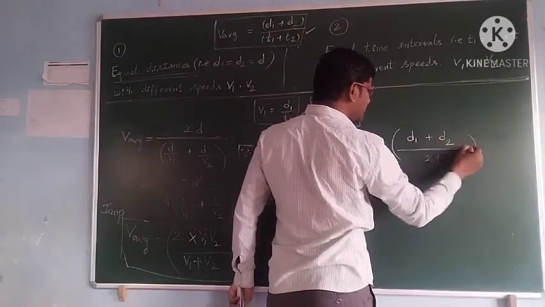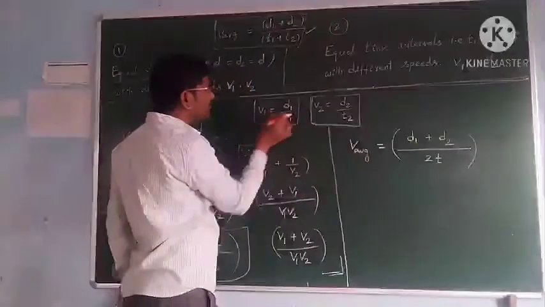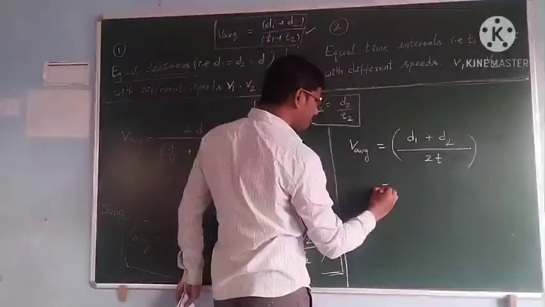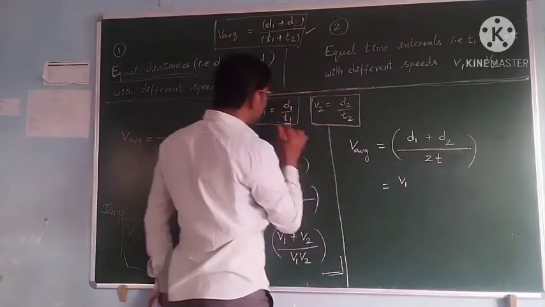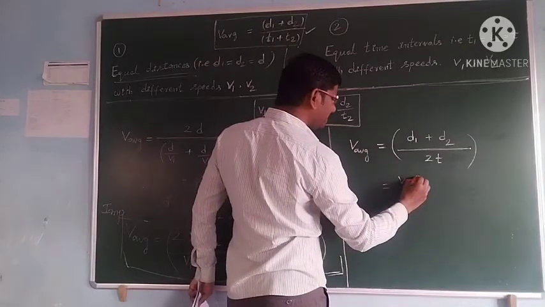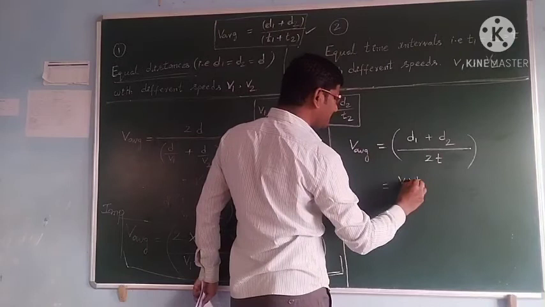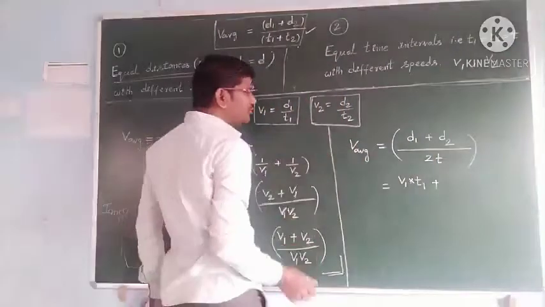Okay students, now what I am doing, d1 is equal to v1 into t1. So instead of d1 we are writing v1 into t1, plus d2, which means v2 into t2.